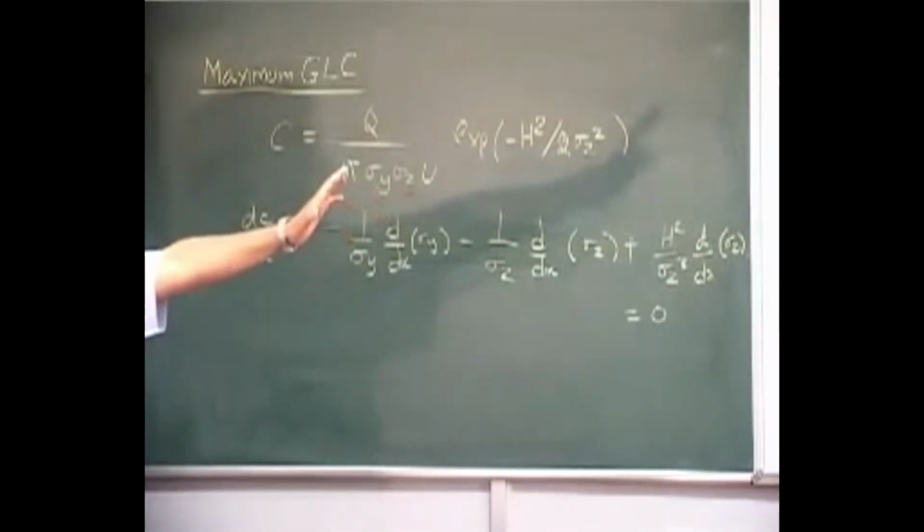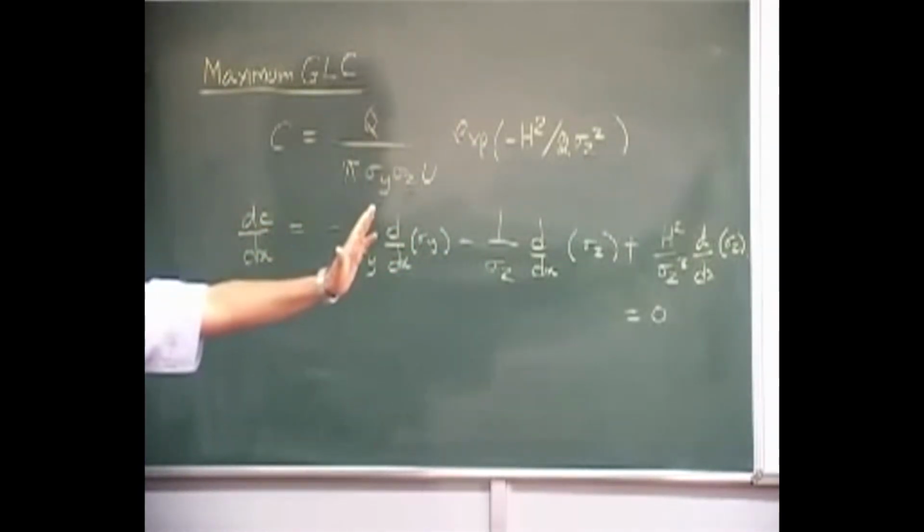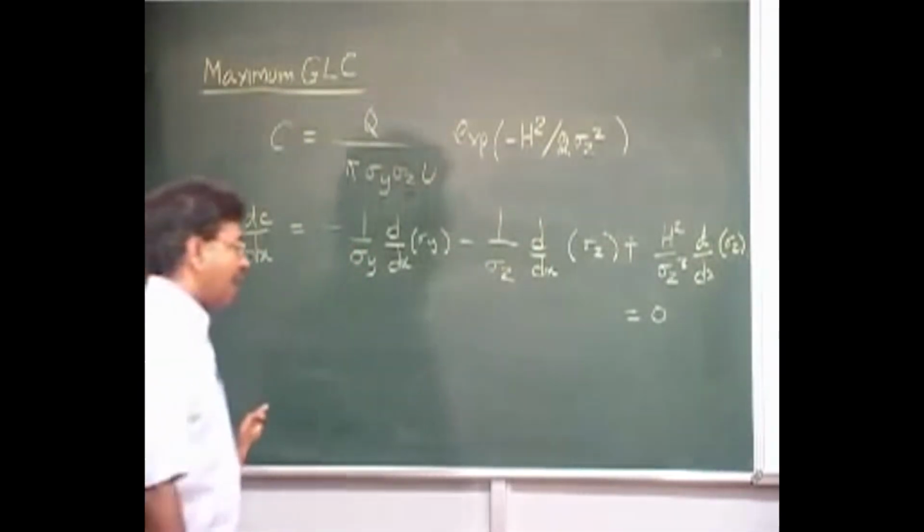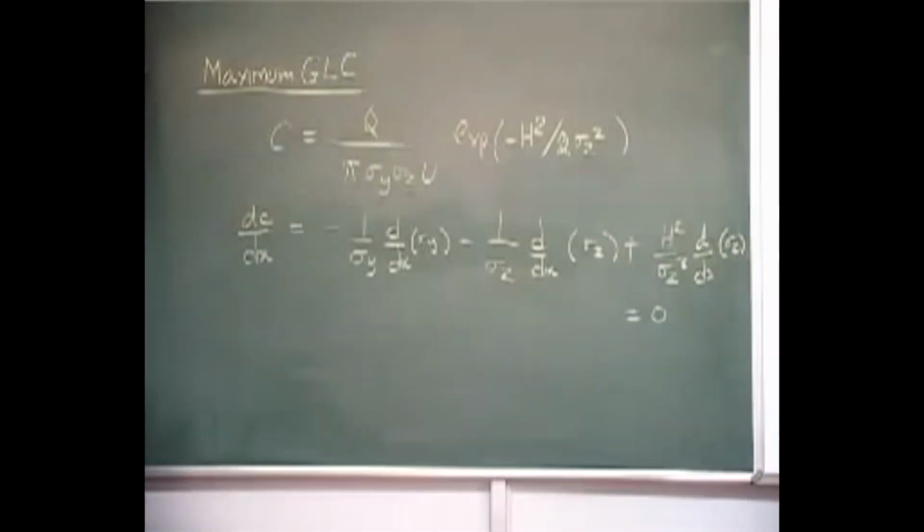I am not considering that h is a function of x, okay, but you can consider it if you like, because after a certain value of x, which may be of interest to me like 500 meters or so, this particular thing will not be a function of x. Okay.